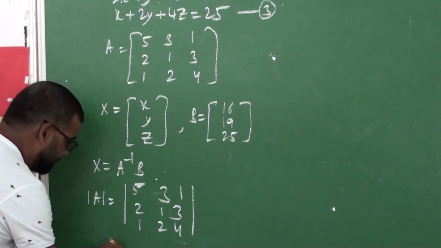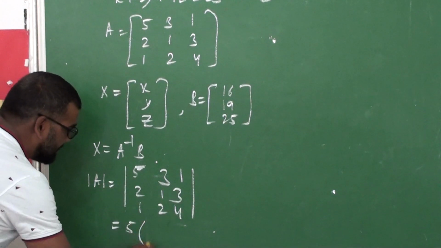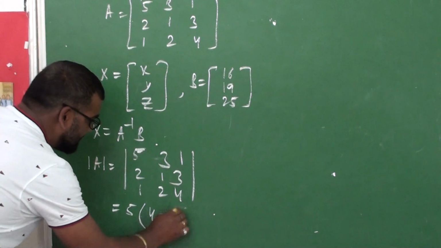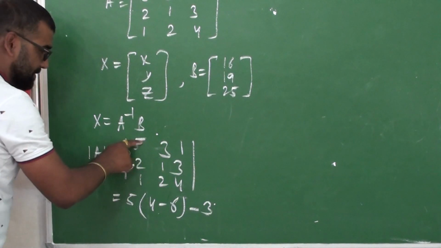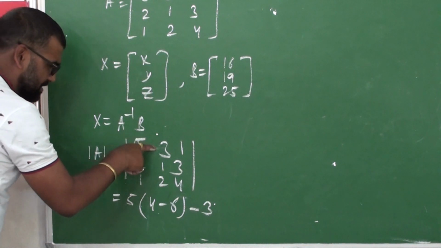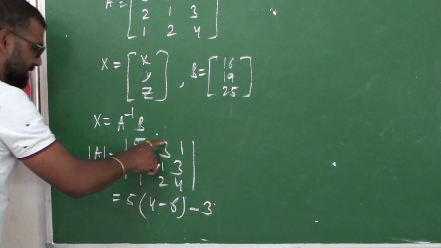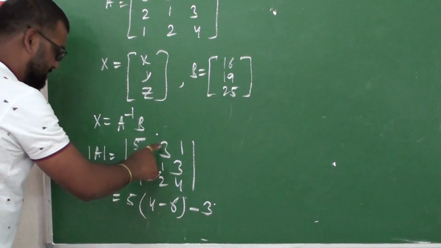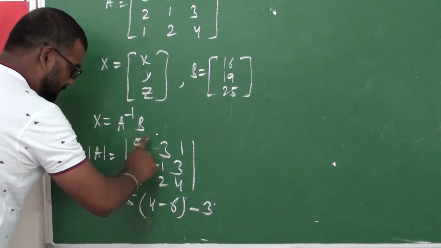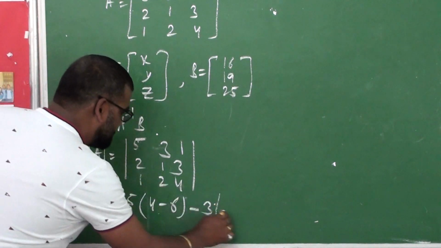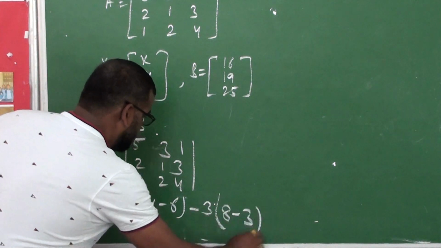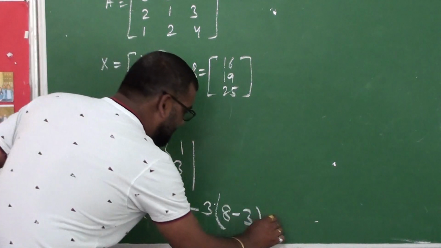I'll solve this. To solve this, I'll write 5 into 4 minus 6, minus 3. Why? Because it is placed in the first row and the second column, so it has become minus, which we have already done in determinants. So leaving the identical row and column of it, this becomes minus 3 into 8 minus 3, along with plus 1.